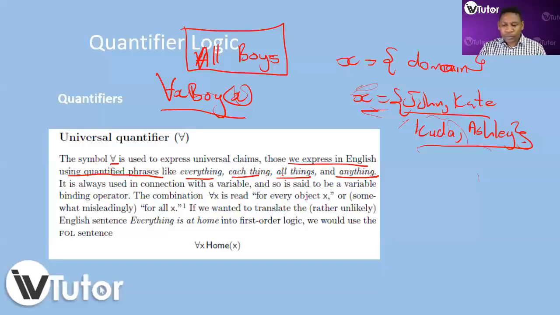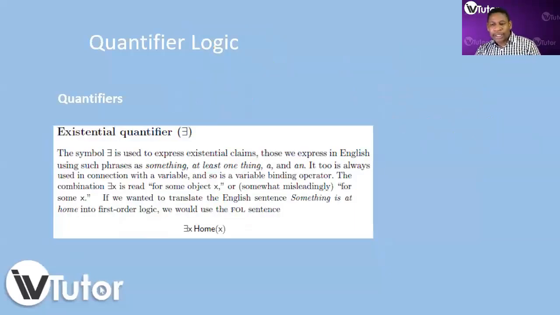Now, the other operator that we have under predicates is the existential quantifier. The universal quantifier, we found, blankets or applies across the whole domain, whereas an existential quantifier says in the domain, there is at least one element that makes it true.